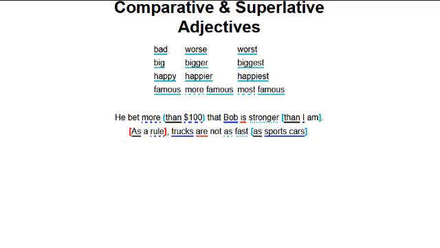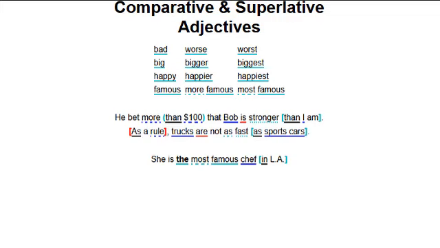In the sentence, he bet more than $100 that Bob is stronger than I am, than $100 is a prepositional phrase, and than I am is an elliptical clause. In as a rule, trucks are not as fast as sports cars, as a rule is a prepositional phrase, and as sports cars is an elliptical clause.